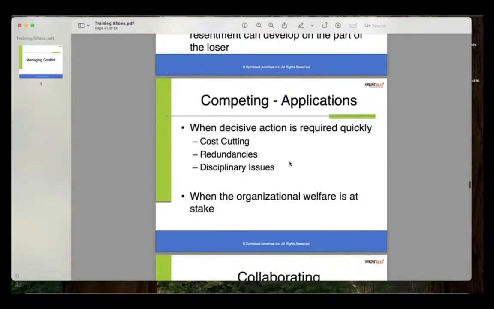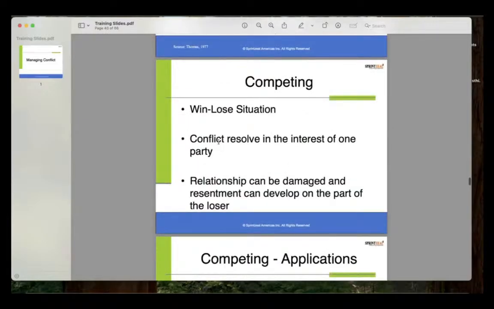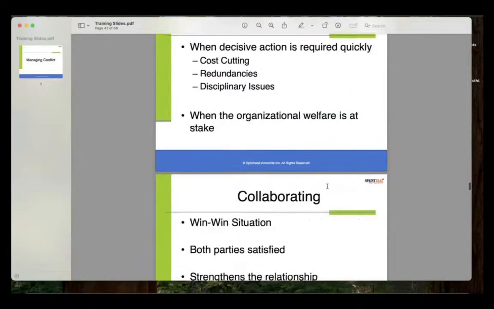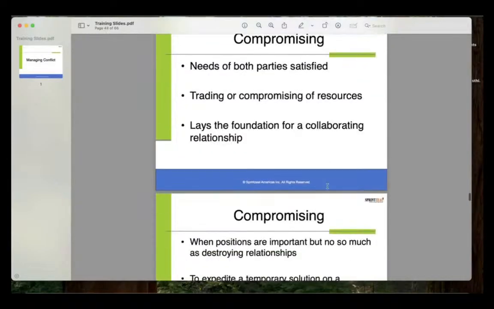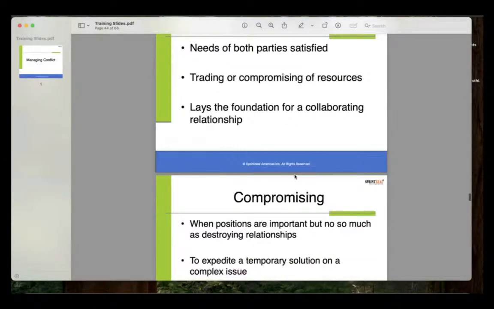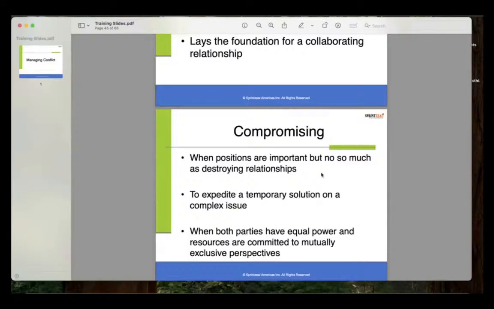In competing, relationships can be damaged because it is about win or lose. Similarly, in compromising, both positions are important, but not so much as to destroy the relationships. Also, to expedite a temporary solution on a complex issue.